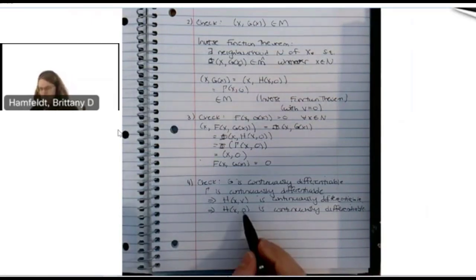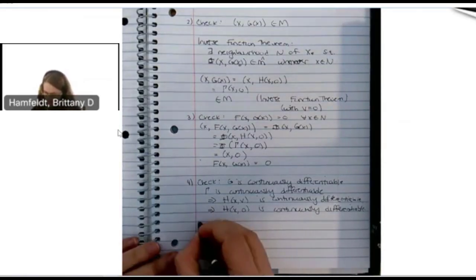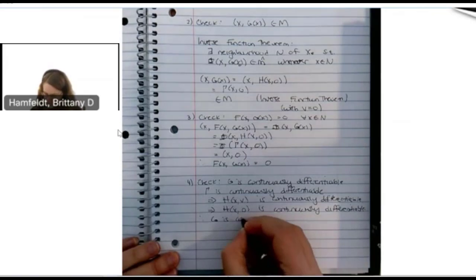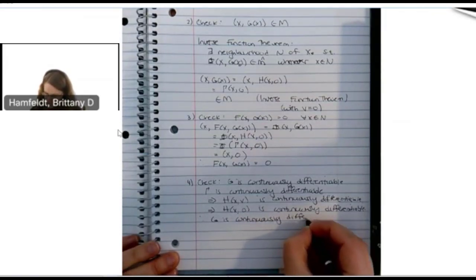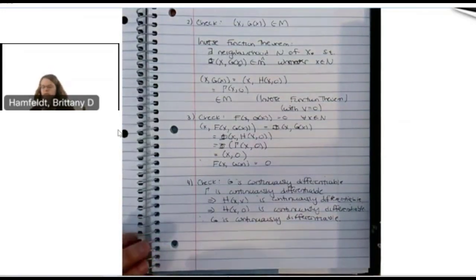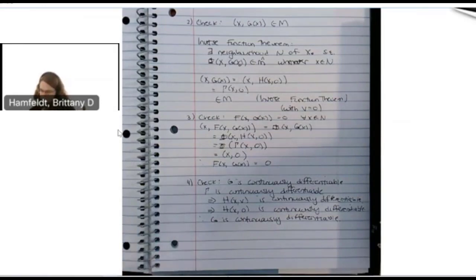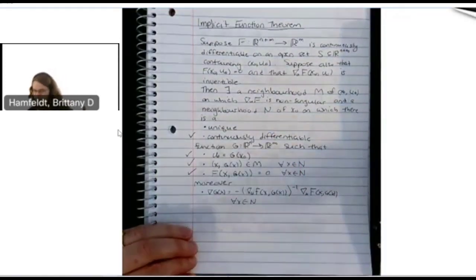Right, because the point that gives us 0 is our reference point. So we've got a neighborhood where things are nice, so it's also going to be nice at our reference point. And this is exactly how we define G. So G is continuously differentiable. Okay, so we can say, check, this one is done.